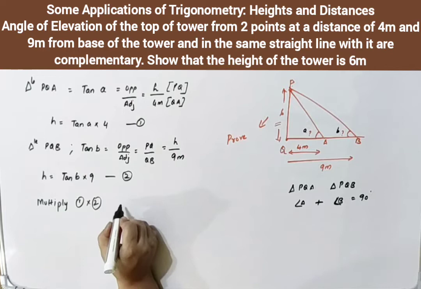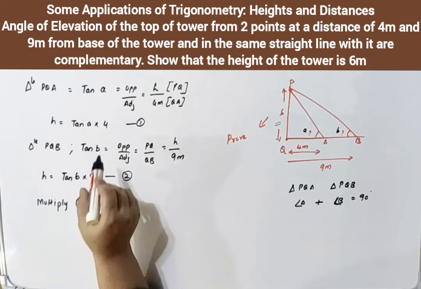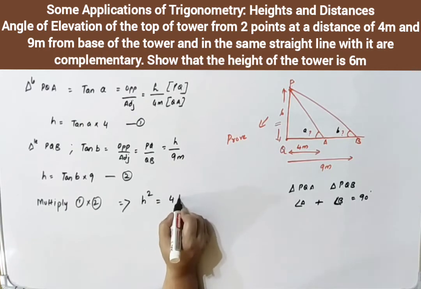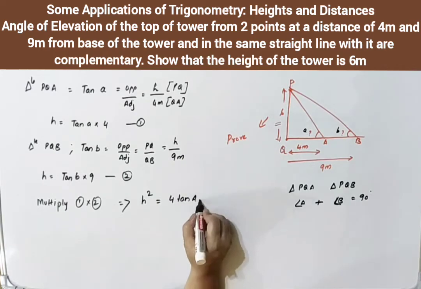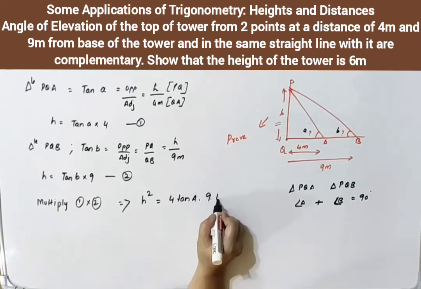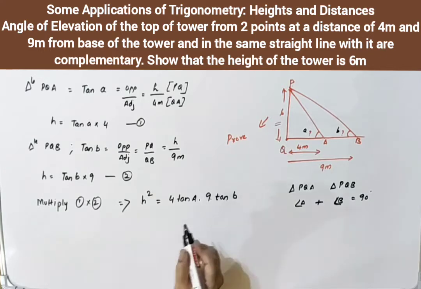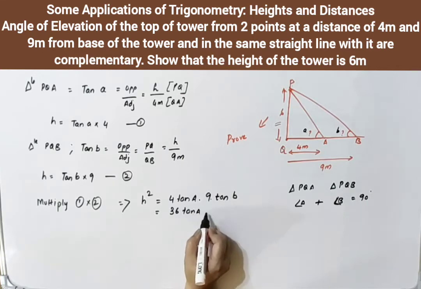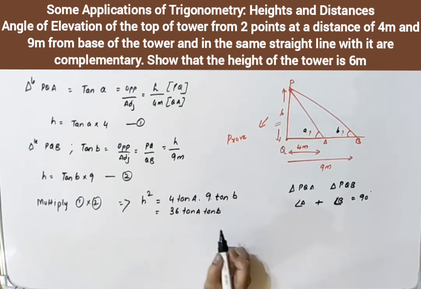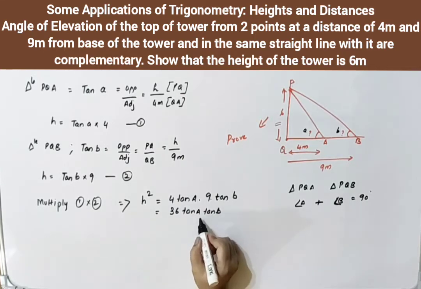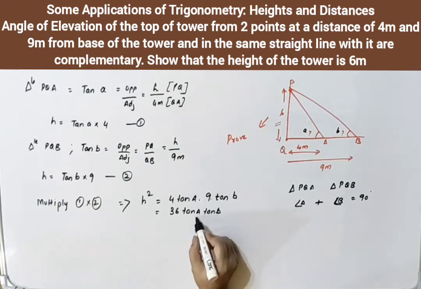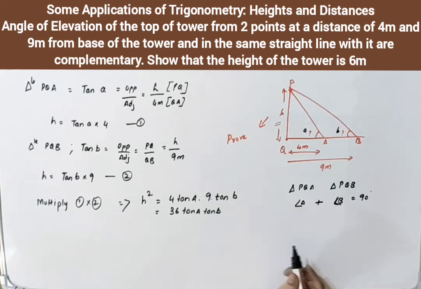What we will get is H into H, which is H square, equal to 4 tan A into 9 tan B. 4 into 9 is 36 into tan A into tan B. Now, angles A and B, if you add together, are going to become 90.